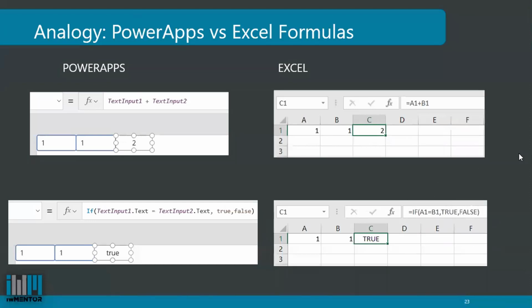Otherwise do something else. That is the fundamental thing you need to understand about PowerApps and logic. A lot of these conditions are just how to structure your if statement. So if text input 1.text equals text input 2.text, then show the word true, otherwise false. So it's the same concept in both places.